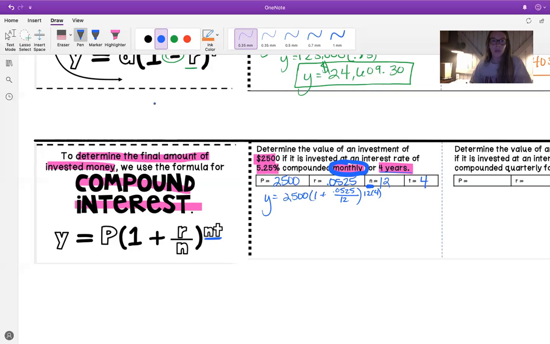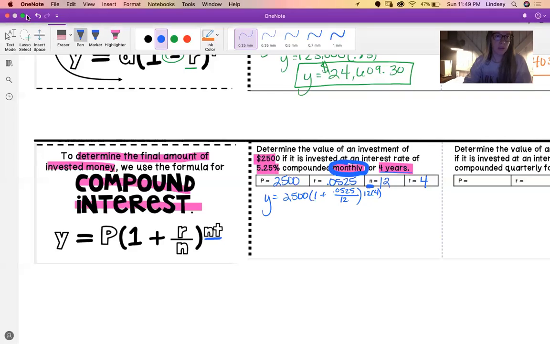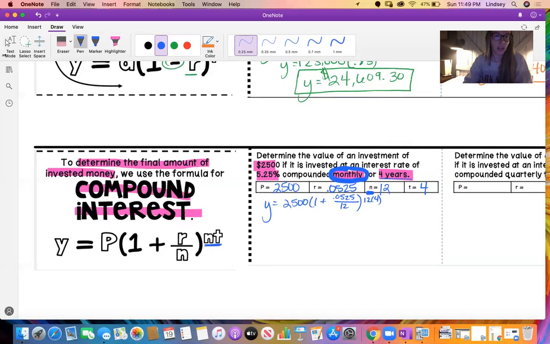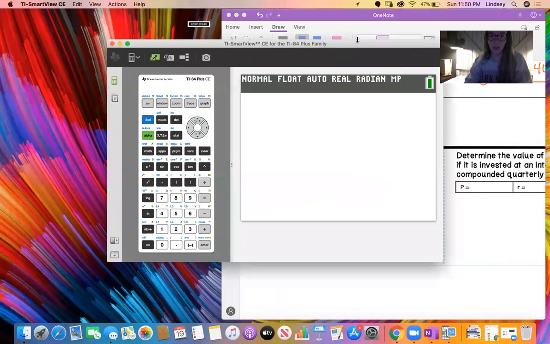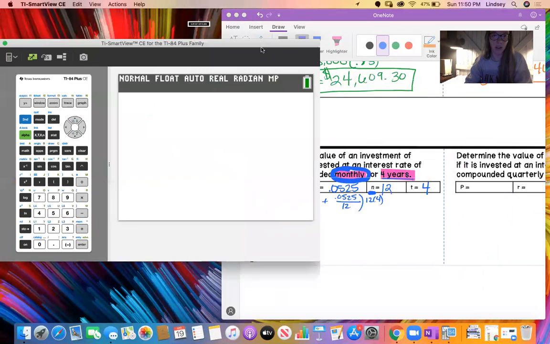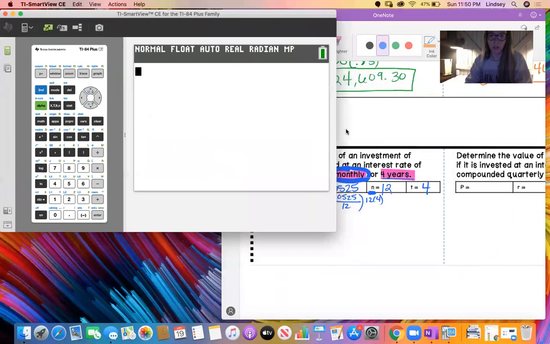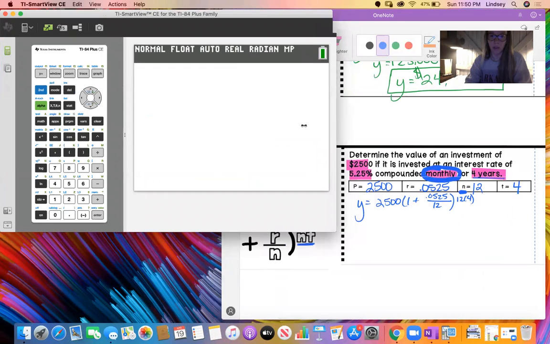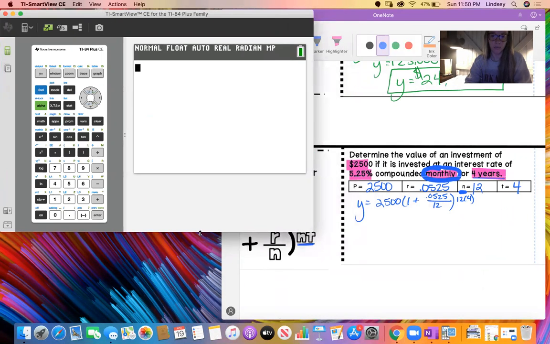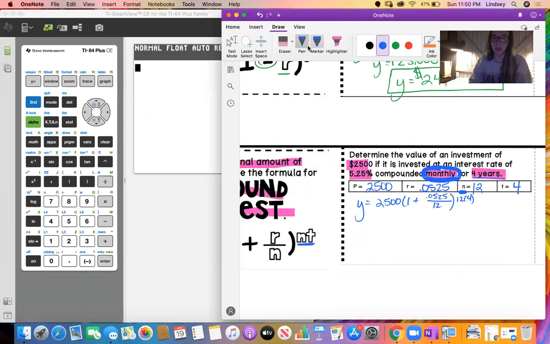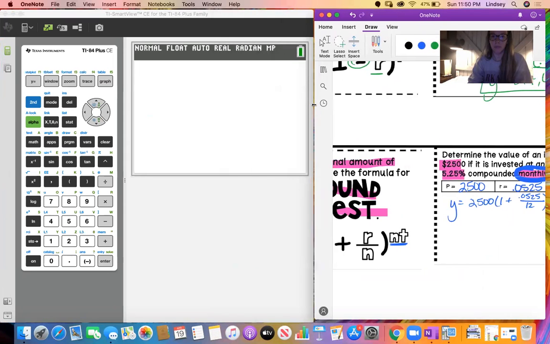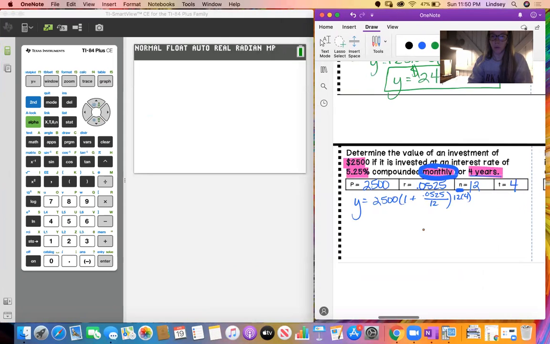Okay, so I'm going to minimize my screen a little bit and pull up the calculator. So if you have access to a calculator at home, you could see how to type all of this in. All right, so the first thing I need to do is make sure that I'm following order of operations.